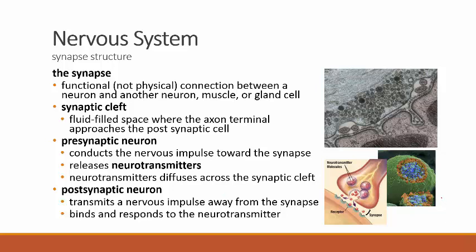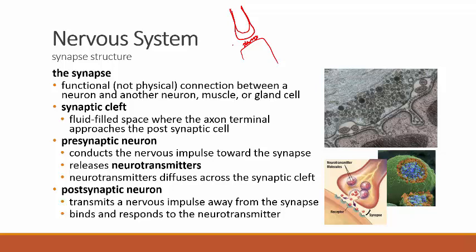Now, the synapse is the functional connection. Of course, it's not a physical connection, because in a synapse we see an axon terminal come close to but not make contact with a neuron, a muscle, or a glial cell. And so there's always this space between the two, the synaptic cleft.